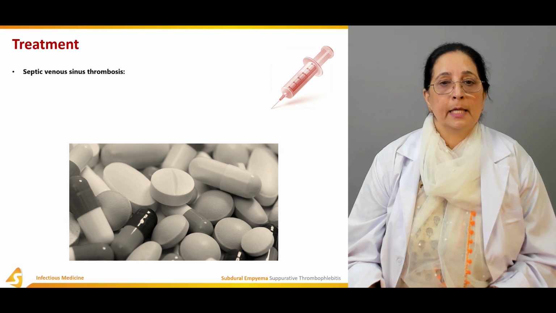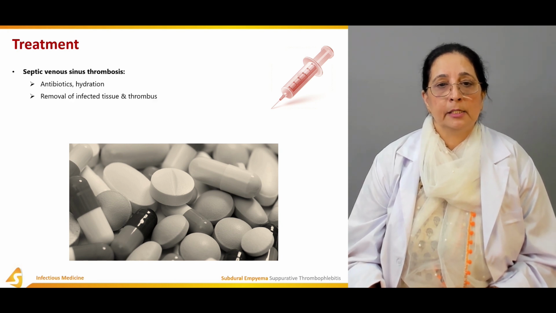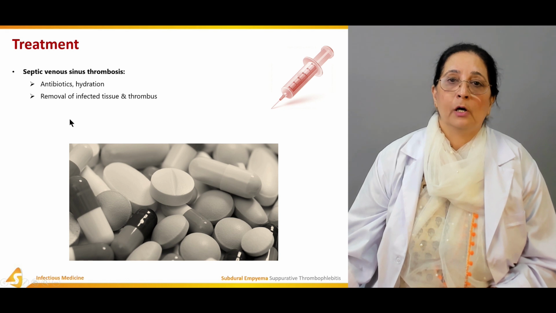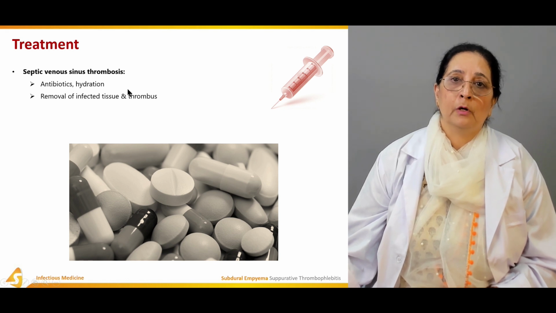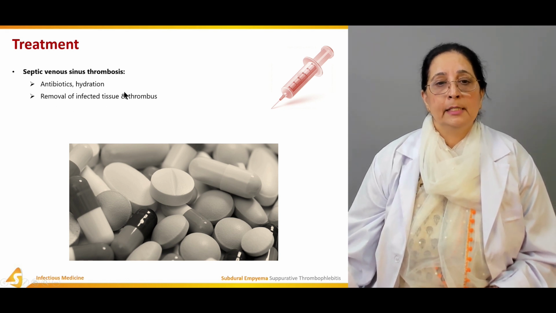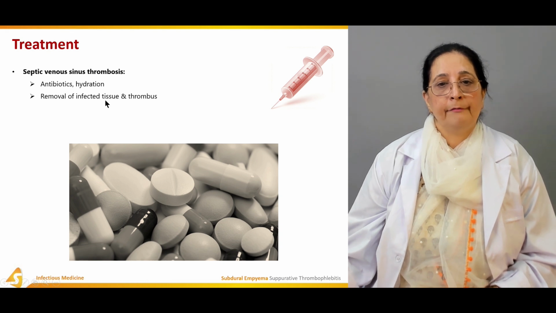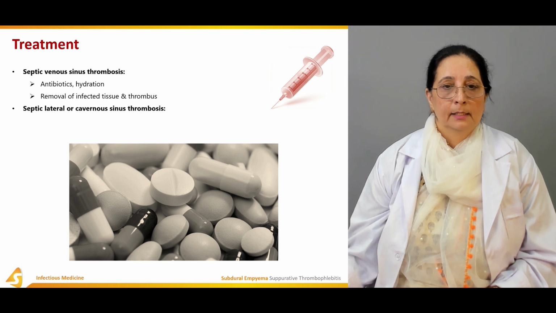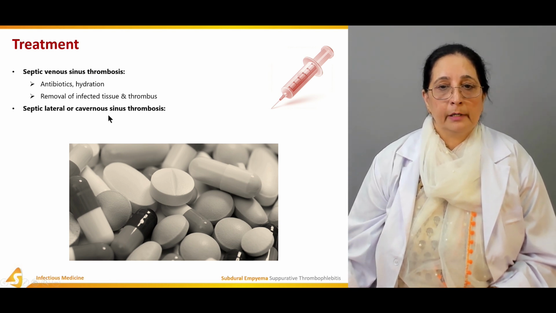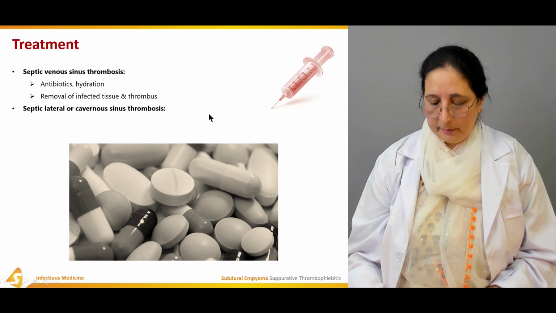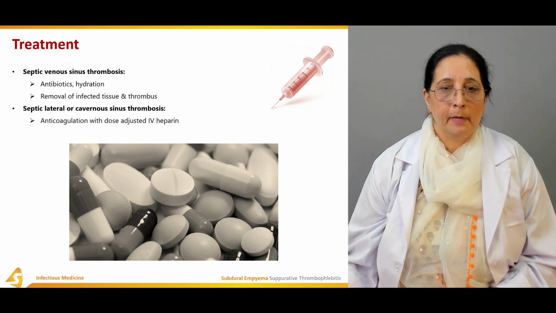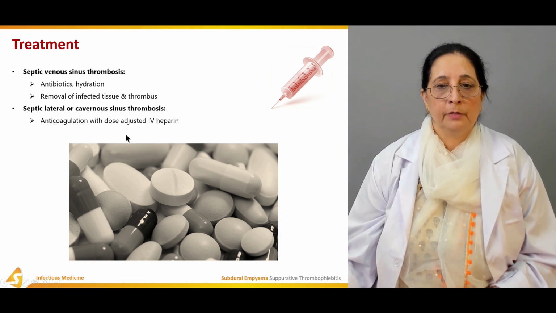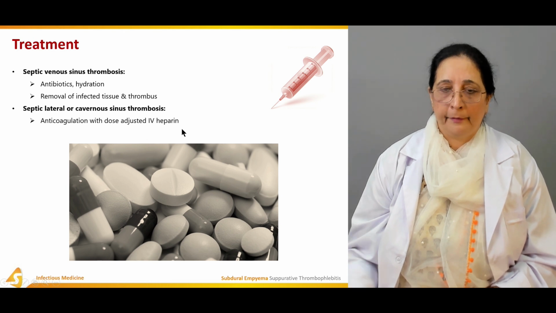Treatment of septic venous sinus thrombosis is by antibiotics, hydration because of dehydration from vomiting, and removal of infected tissue and thrombus. Septic lateral or cavernous sinus thrombosis is treated by anticoagulation with heparin.